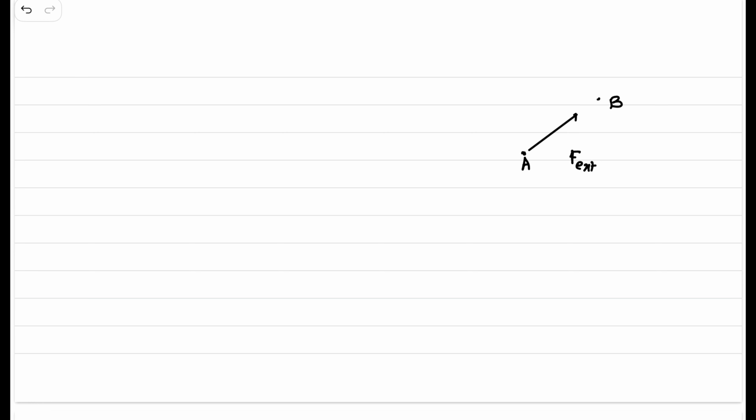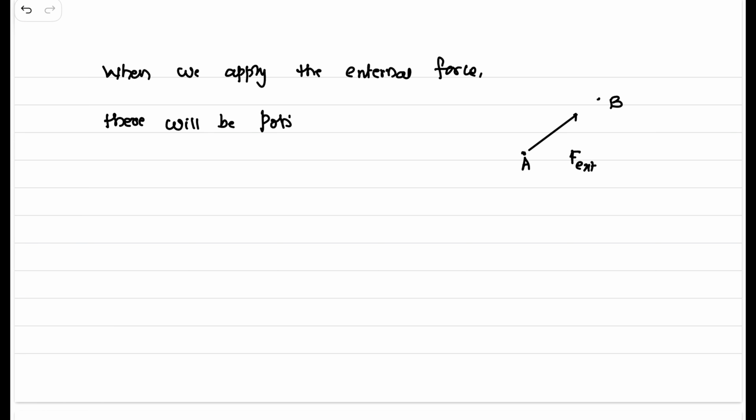That means when we apply the external force, there will be positional displacement.